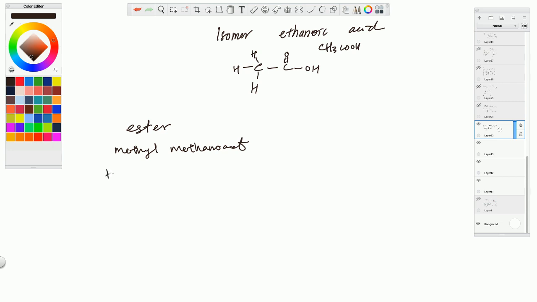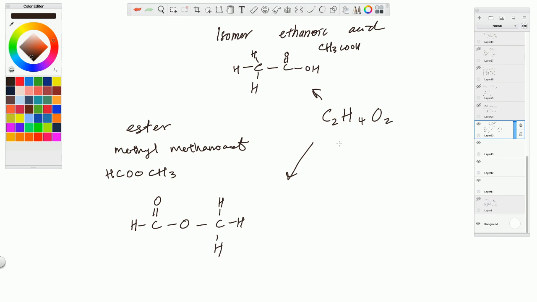Okay, HCOOCH3. Okay, so it will look like this. HCOOCH3. So you count and see 2 carbon, C2H4O2 is the same.